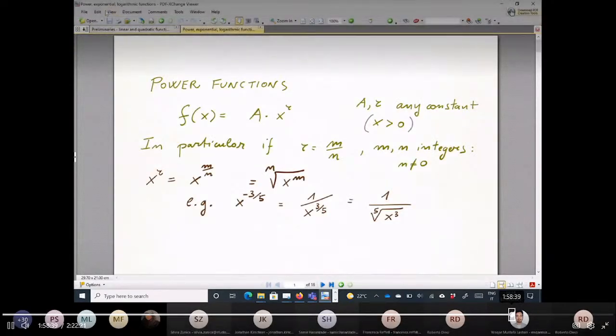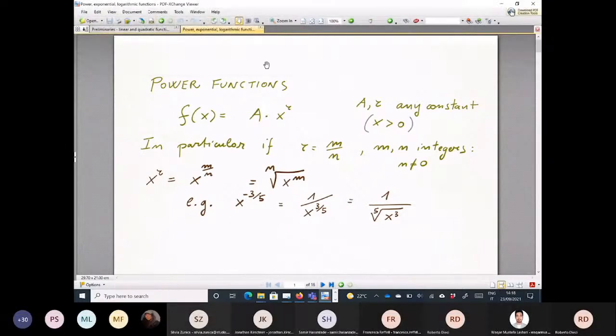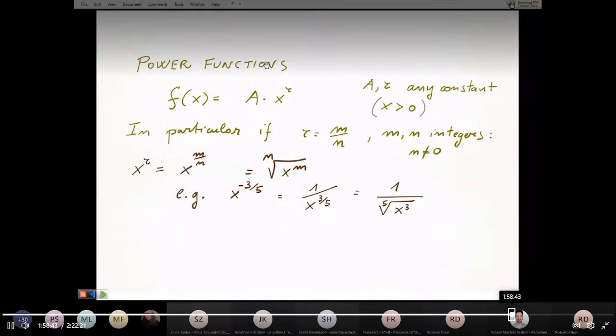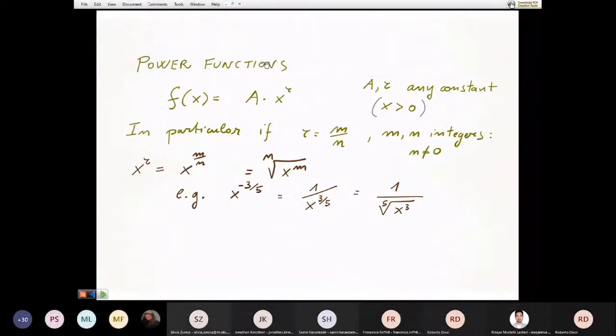Power functions. So in principle, this is not so easy, I mean, as the straight line or the parabola. There are some delicate points about power functions.